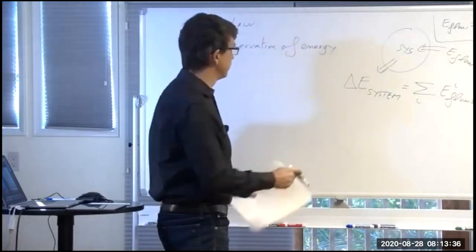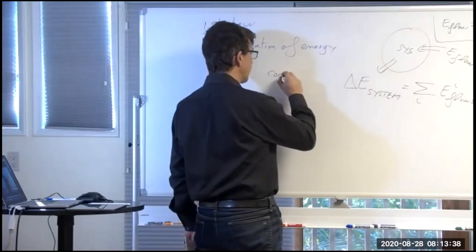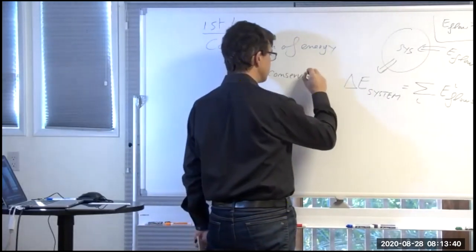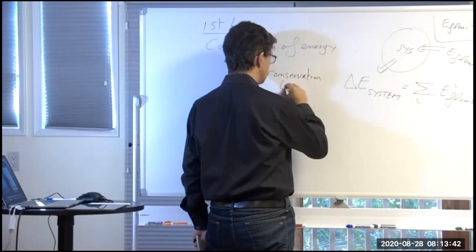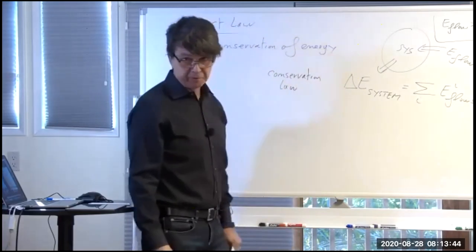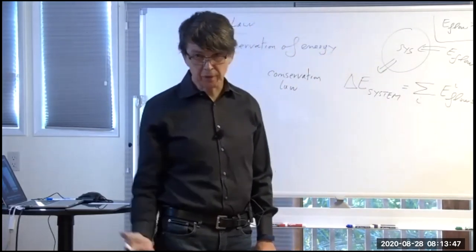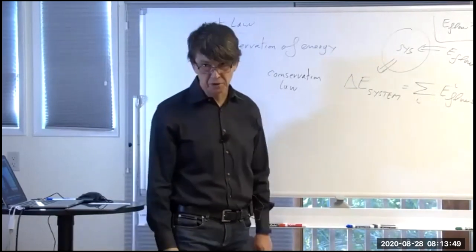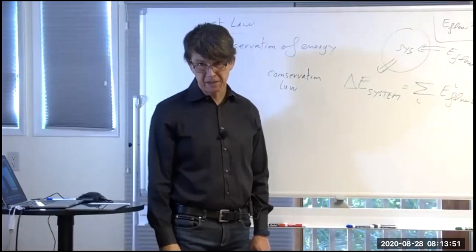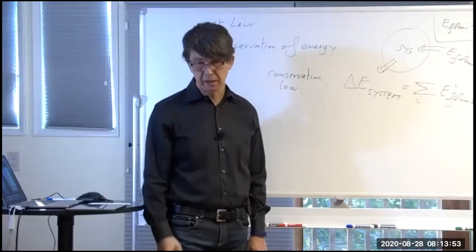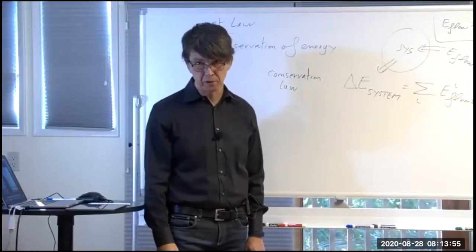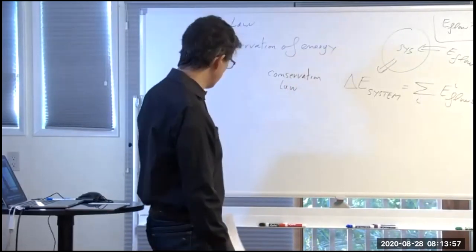This is a conservation law like many other ones you've seen. For example, if you studied heat transfer, you would have seen conservation laws like that. If you study mass transfer, you would have seen, like diffusion, you would have seen conservation laws like that. They're usually written in a more mathematical form.